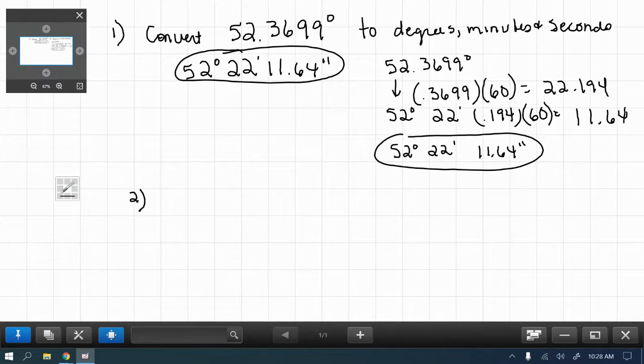Number 2 is 53 degrees, 20 minutes, 30 seconds to decimal degrees.